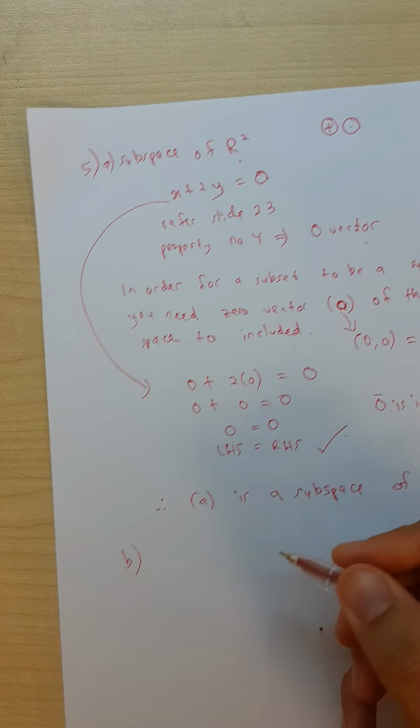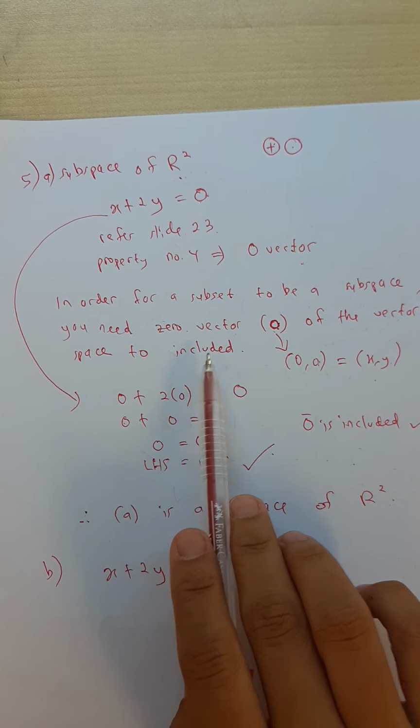And how about part B? In part B, you are given x plus 2y equals to 1. Back to the same definition: in order for a subset to be a subspace, you need the 0 vector of the vector space to be included.